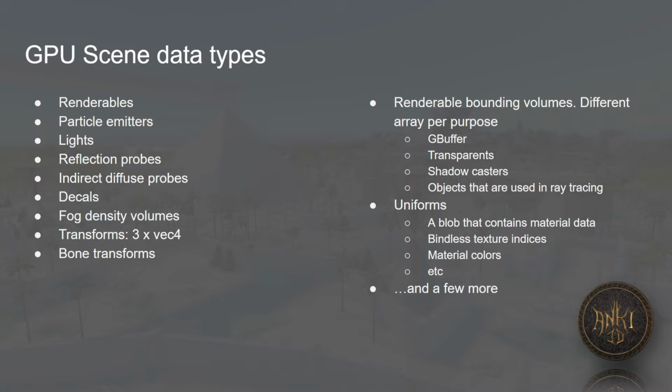We have one array per rendering technique / pass. We'll see later what exactly that means. Then we have uniforms, also known as constants, that an object requires. These are suballocated out from this GPU scene buffer, and they're not in an array like the others. Uniforms contain the indices to the bindless textures and in general material properties an object requires, like a color or similar stuff.